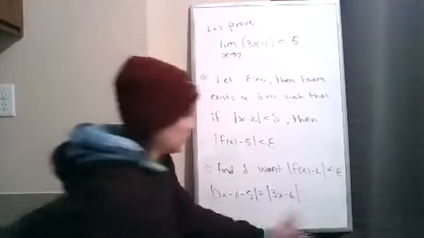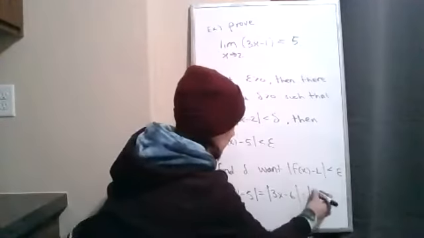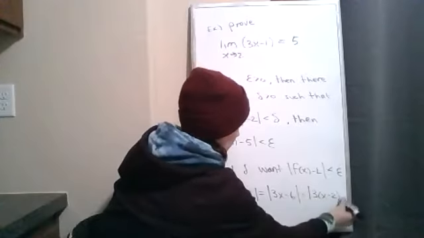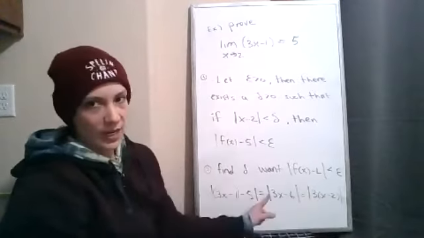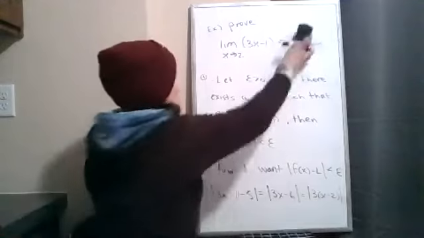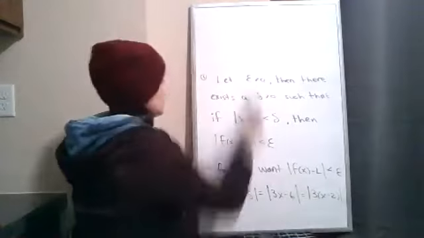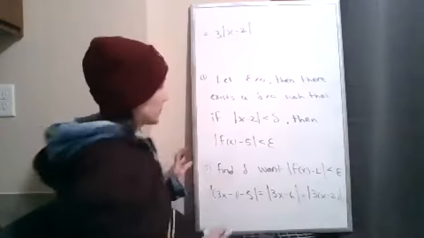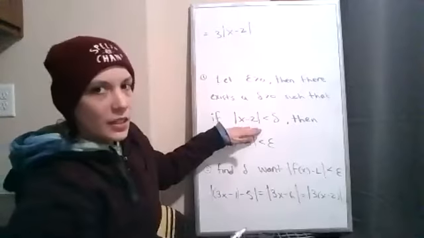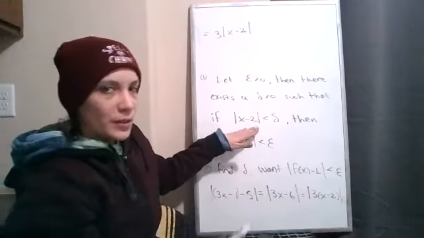Factor out a 3. The absolute value of 3 is 3, so we can bring out that positive 3. And then you were trying to have x minus 2 less than some delta.